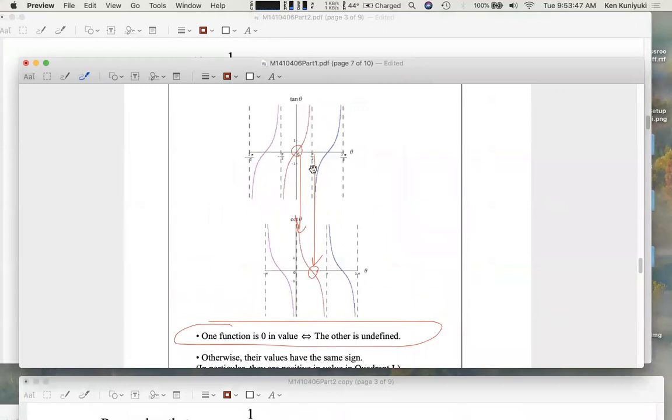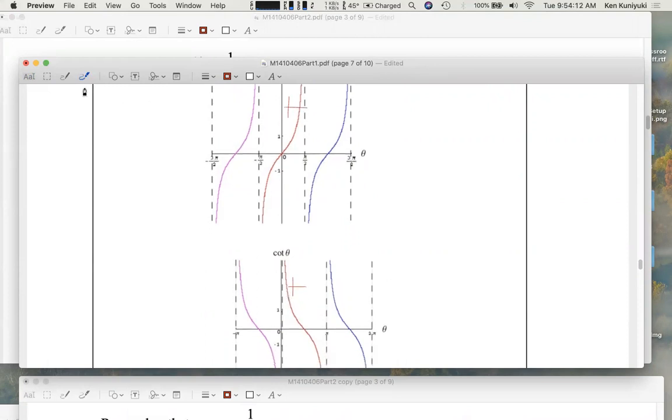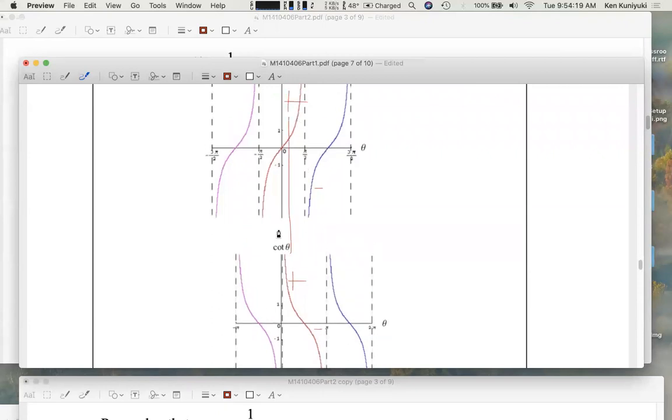Remember for tangent and cotangent, going back here, tangent was positive when cotangent was positive, and tangent was negative when cotangent was negative. So for example, in quadrant 1, everyone's positive. Tangent is positive, and so is cotangent. In quadrant 2, tangent is negative, and so is cotangent.